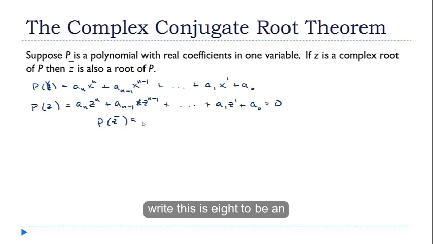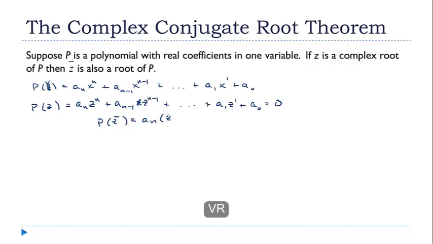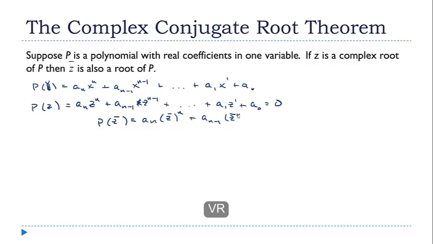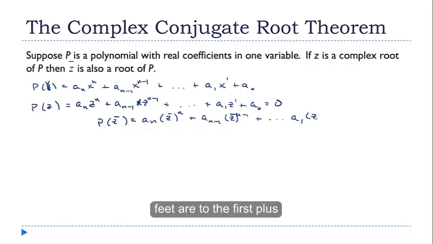This is a_n Z bar to the n, plus a_(n minus 1) Z bar to the n minus 1, plus so on down to a_1 Z bar to the first, plus a_0.